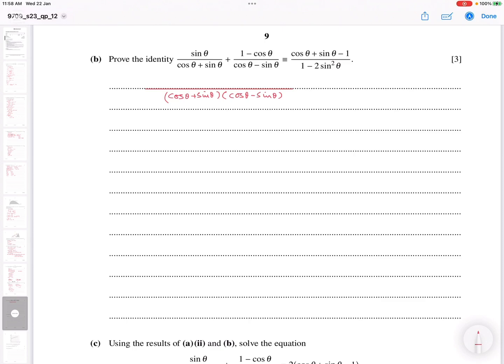So now multiply it with sin theta, cross multiply. So my sin theta will go with cos theta minus sin theta, plus 1 minus cos theta will be multiplied with cos theta plus sin theta.